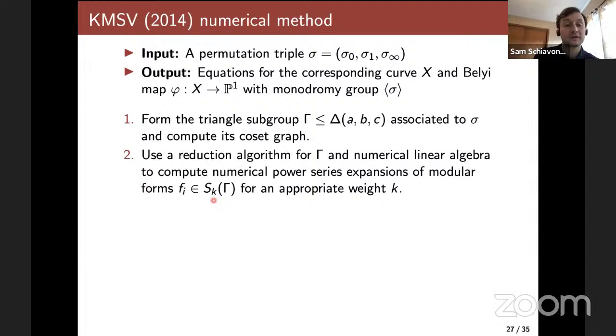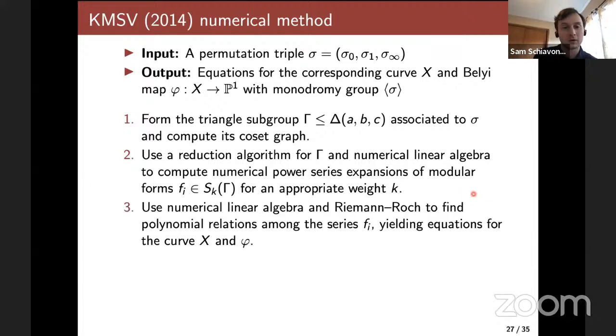Okay, so once we have these numerical power series for the modular forms of our triangle subgroup gamma, we're going to use them to embed the curve into projective space. We use numerical linear algebra and Riemann-Roch to find polynomial relations among the series Fi, which yield equations for the curve X and the map phi.